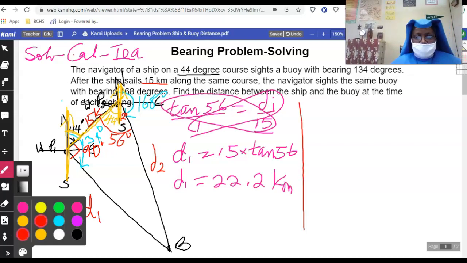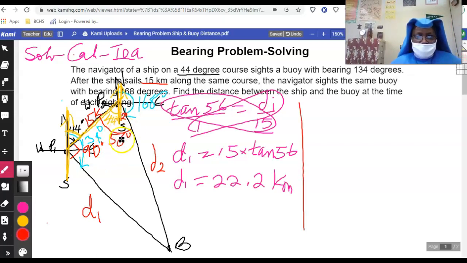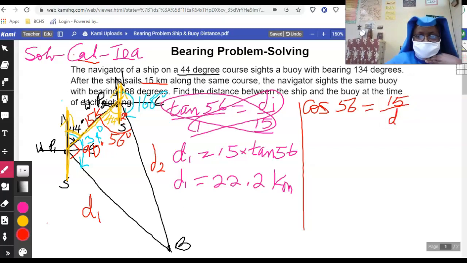Okay, so now we look at the other one. So this is hypotenuse and adjacent. Hypotenuse and adjacent is CAH. So we're going to use CAH. So cosine of angle 56 equals adjacent, which is 15, over the hypotenuse, which is D2. Again, we can put this over 1 if we want.